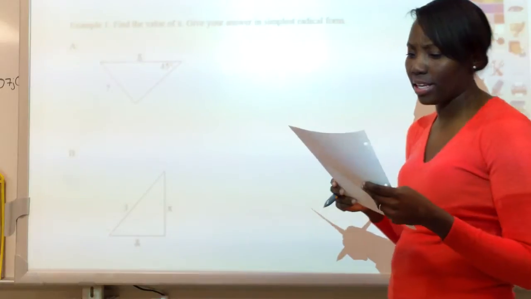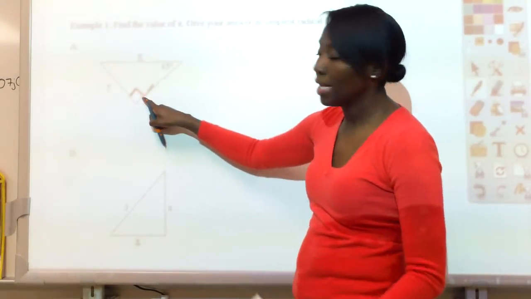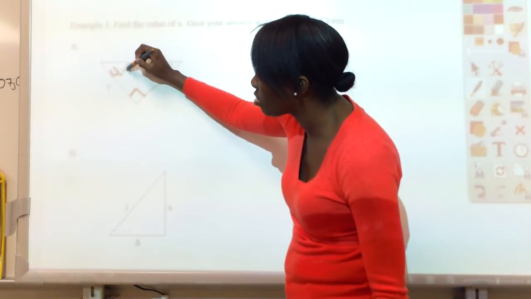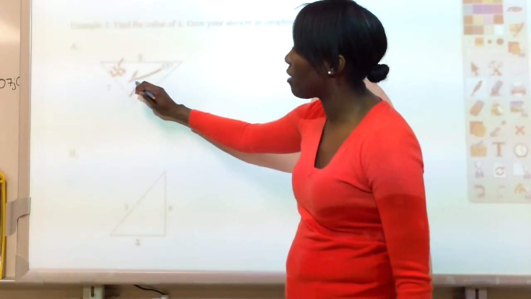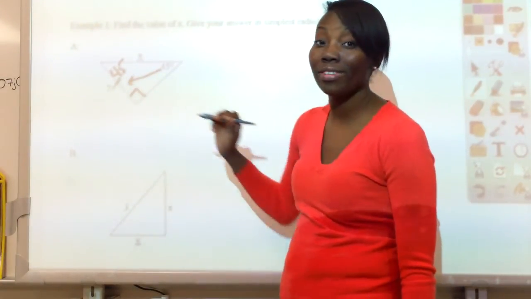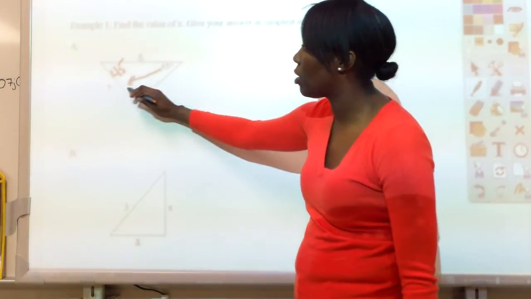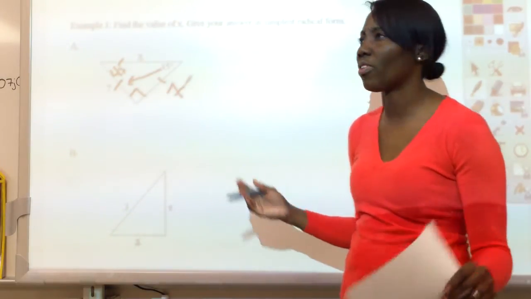Find the value of x given your answer in simplest radical form. So we have this right triangle. This is 90 degrees, this is 45 degrees. By the triangle sum, we know this is also 45 degrees. And if we look across from this 45 degree angle, this one is worth 7. Since it's a 45, 45, 90, we know the legs are congruent, so this is also 7 if you had to find that.